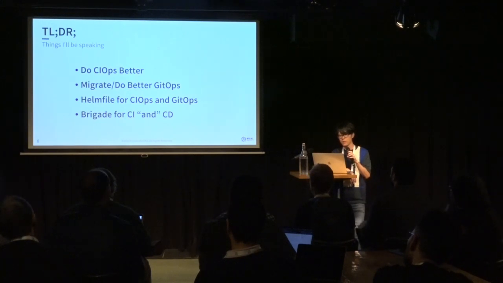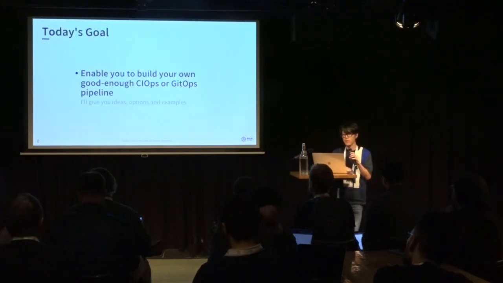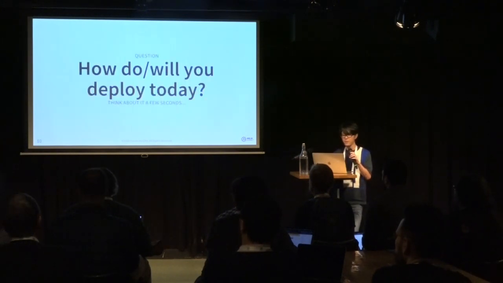After that, you can migrate to or do better GitOps. Just my opinion, but you can choose to use Helmfile for CIOps and GitOps, and you can choose Brigade for CI and CD. My goal today is to enable you to build your own good enough CIOps or GitOps pipeline. I'll give you just ideas, options, and examples.